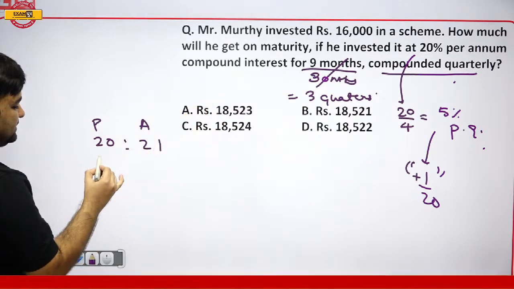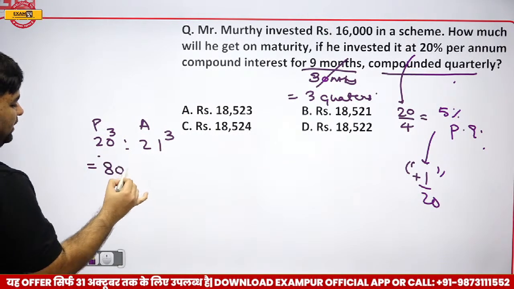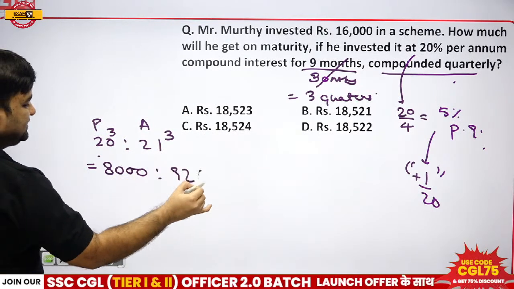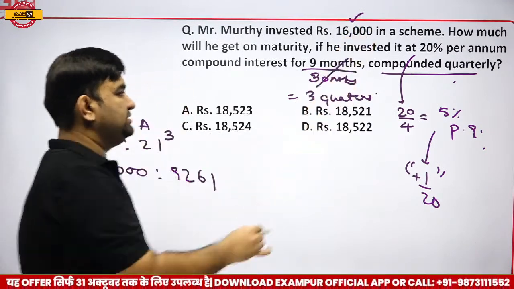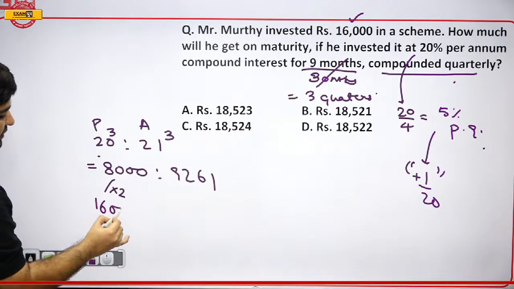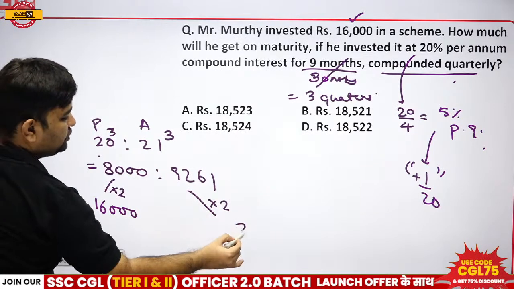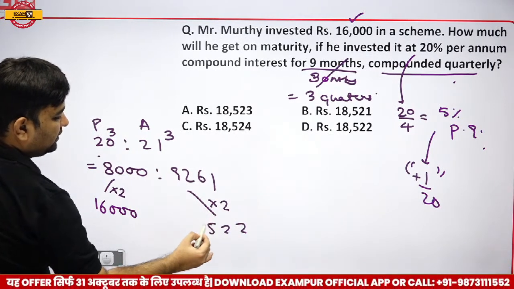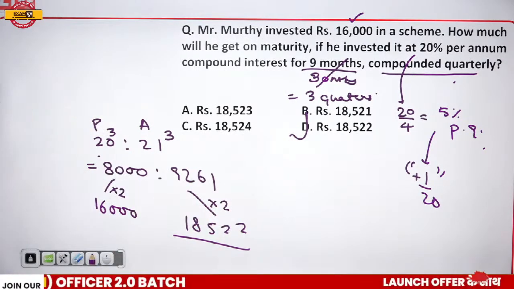There are 3 quarters, so 20 cubed will become 21 cubed. 8,000 will become 9261. Principal is given as 16,000, multiply by 2. So the answer is option D. Pretty easy one, guys.